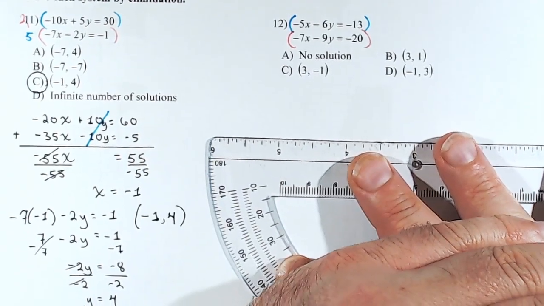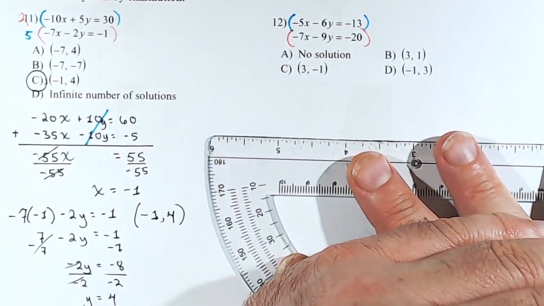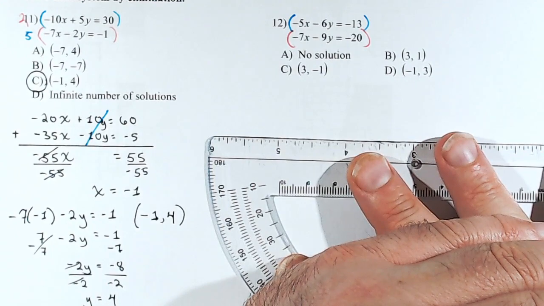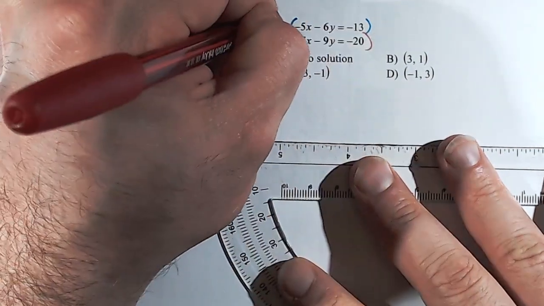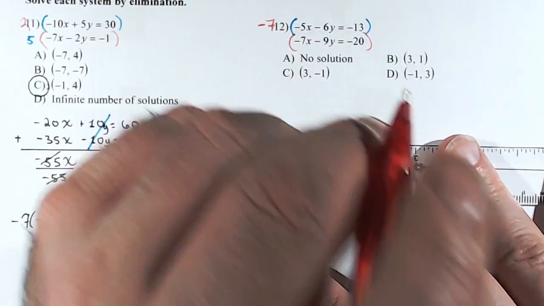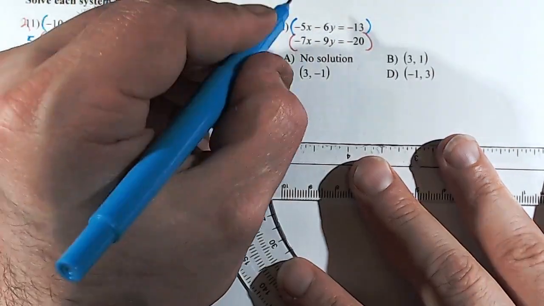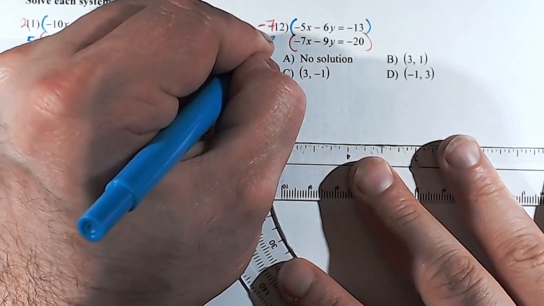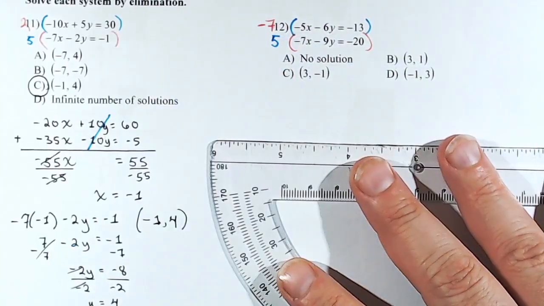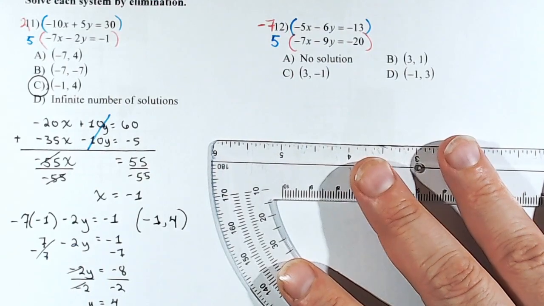How can I be clever here? I'll multiply the top equation by a negative 7. All right. And that will make that top term positive. And I'll multiply the bottom equation by positive 5 to leave that bottom term negative so I can eliminate by addition. It's just easier.